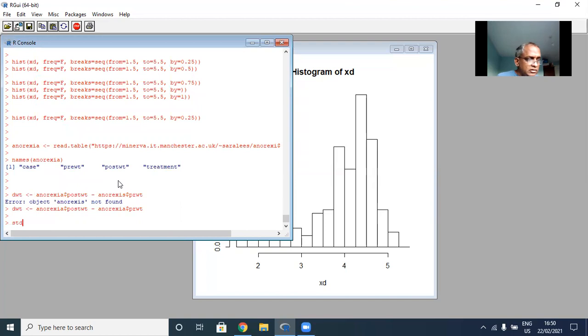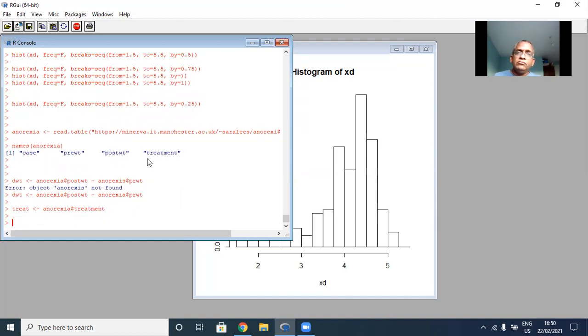Now I'm gonna define 3 different weights depending on which treatment was applied. Before that, I need to define treat. Let me define treat to be anorexia treatment. This is the treatment level, right?